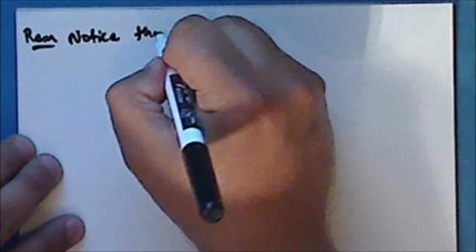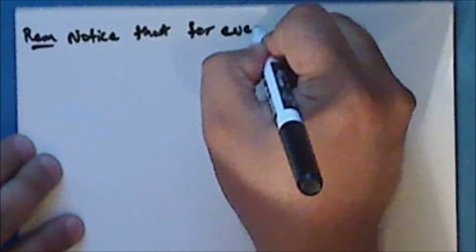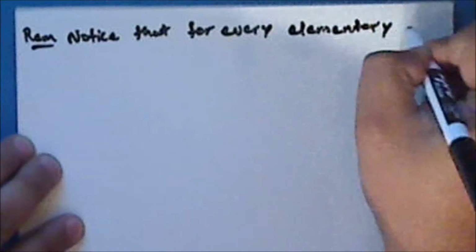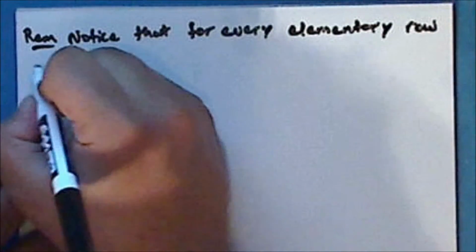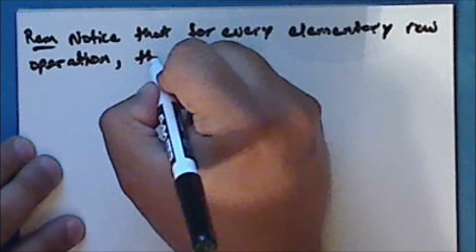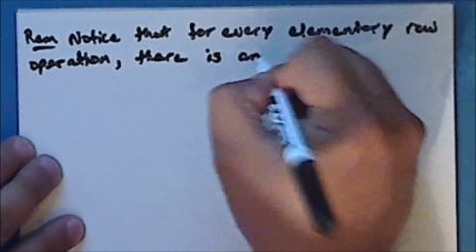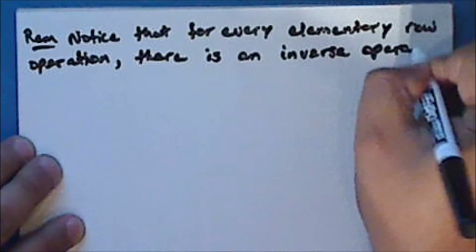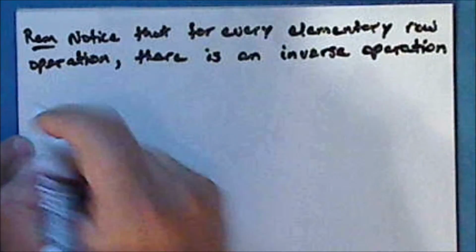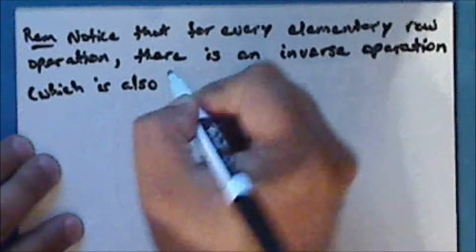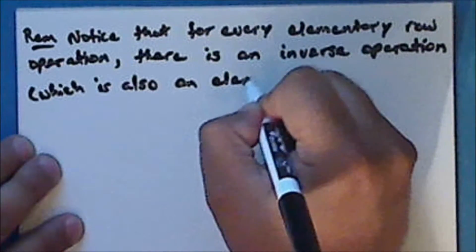So notice that for every elementary row operation, there is an inverse operation, and this inverse operation is also an elementary row operation.